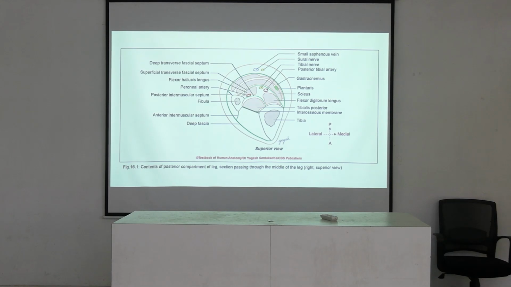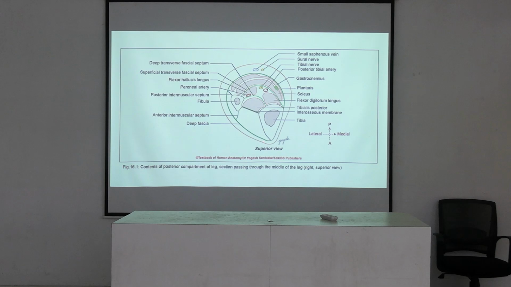Now in this picture we can see this is the tibia, okay, and this is the fibula. This is anterior aspect, this is the posterior aspect.